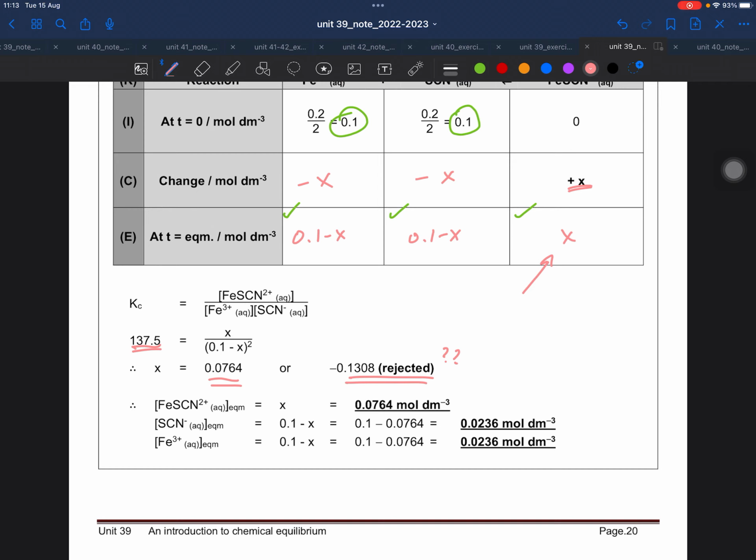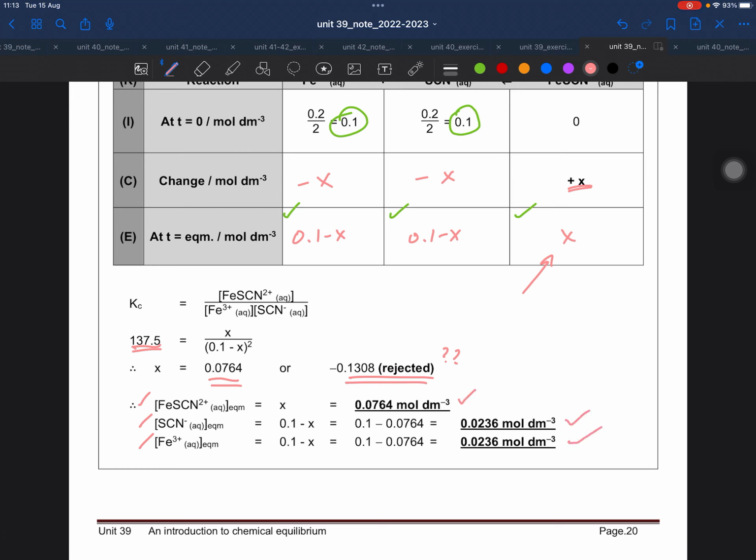But don't end your job now. You haven't finished. You are required to give me the equilibrium concentration, so please label it at the end, otherwise you will lose marks in your examination. x is this one, 0.1 minus x is this one, so all these three values should be given.